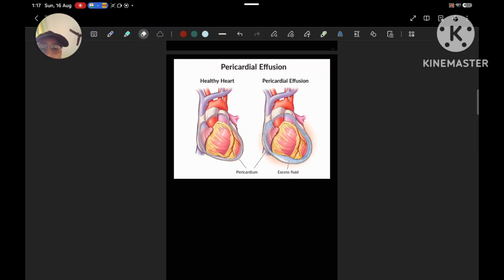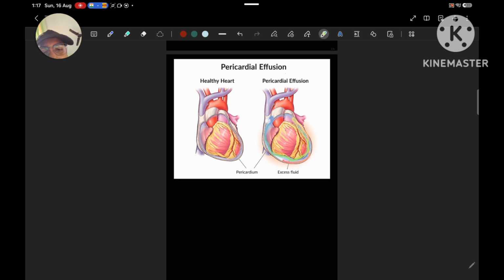So now friends, we have to understand what is pericardial effusion first, then we can understand cardiac tamponade. If you see a healthy heart, inside the pericardium there is not much fluid around the heart. If the healthy heart is converted into an unhealthy heart, that is, if pericardial effusion occurs, then excess fluid accumulates inside the pericardium or pericardial sac.